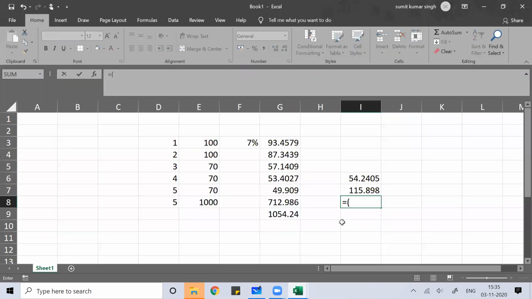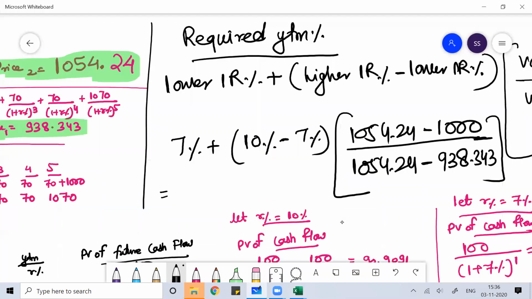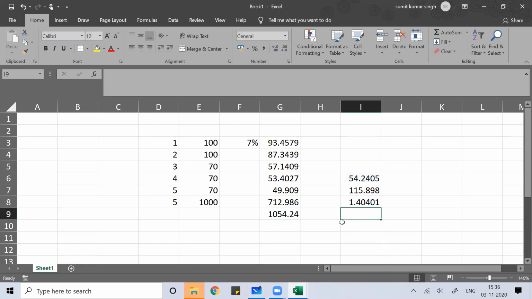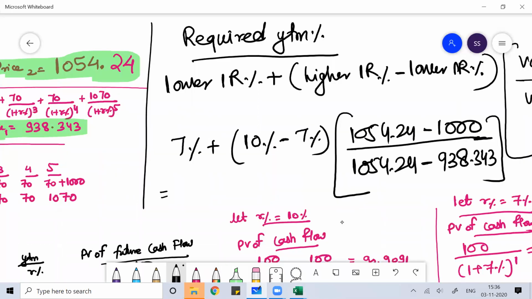So this divided by this, into 3%, plus 7. So 7 plus 1.40401 is 8.40401. The answer is 8.40401. This is your answer.